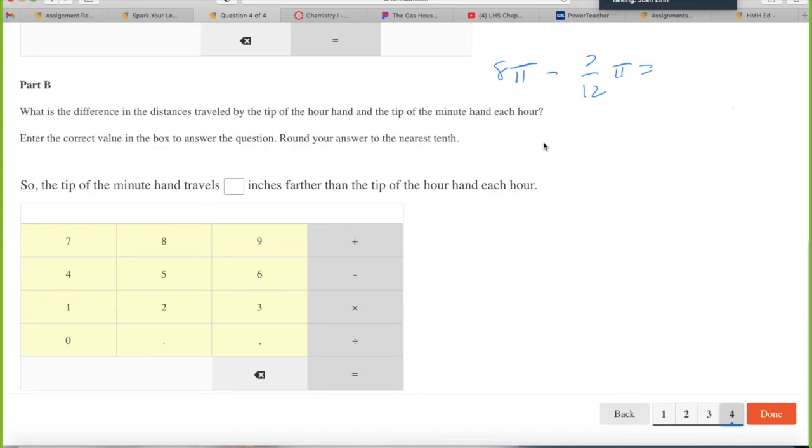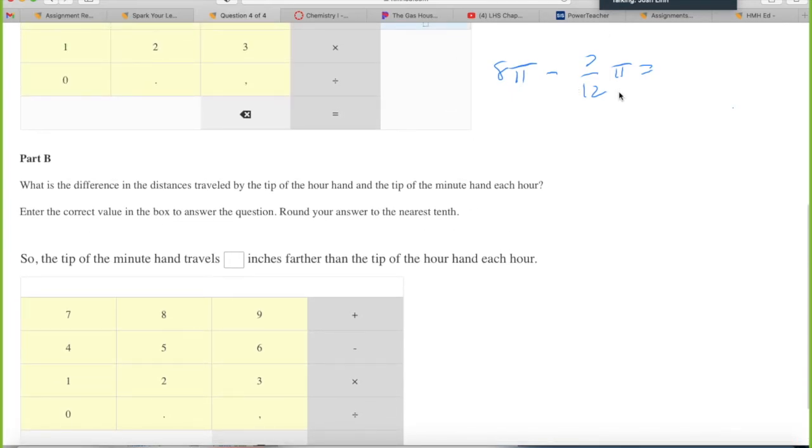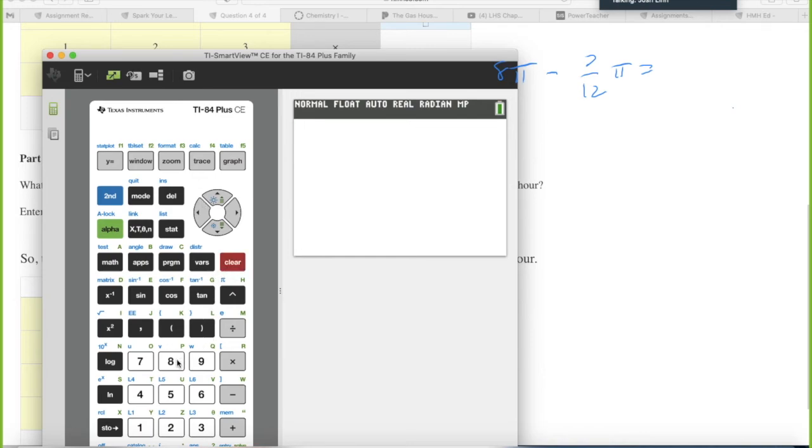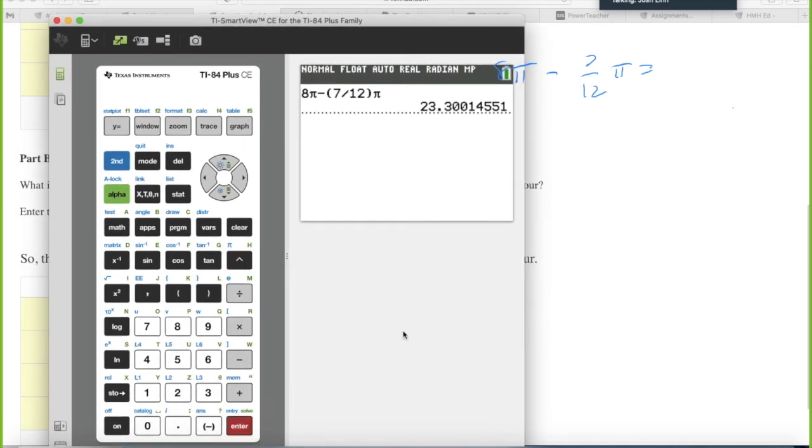Round answers to the nearest tenth, so that is good to know. So we're going to plug this stuff into our calculator because we have to add the pi's in anyway. So here we go, 8 pi minus, well, let's do some parentheses, 7 divided by 12 pi equals, I can't read the equal button, 23.3.